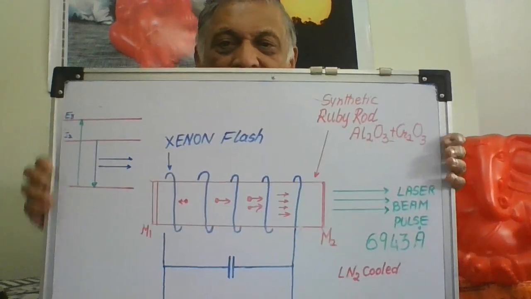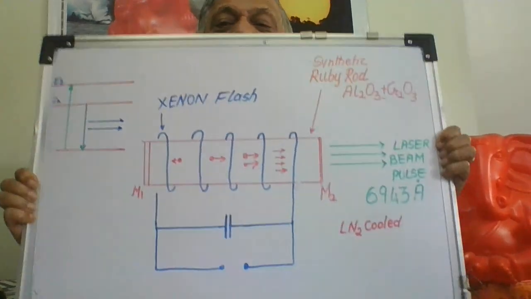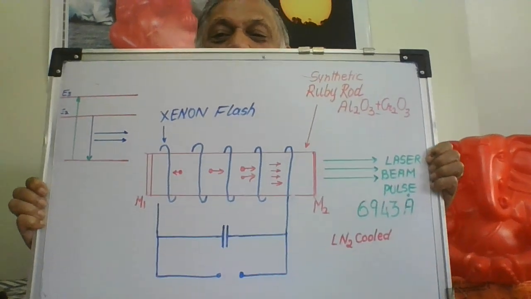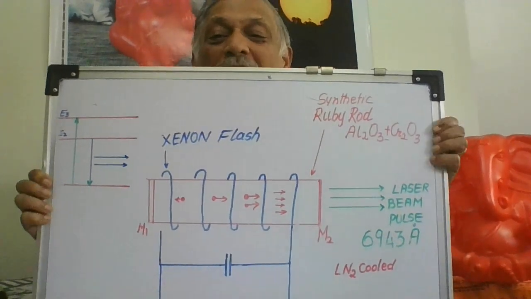So I have a circuit for it. It is just for you to get an idea as to what things are like. This is the actual circuit that is used to understand how lasers work.